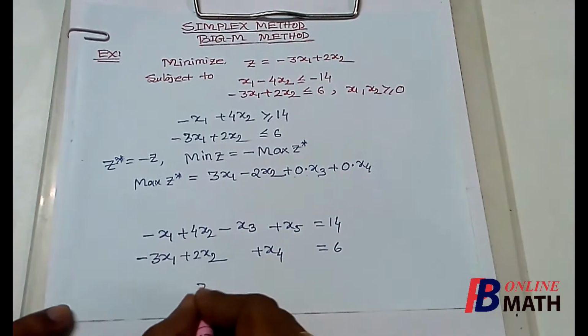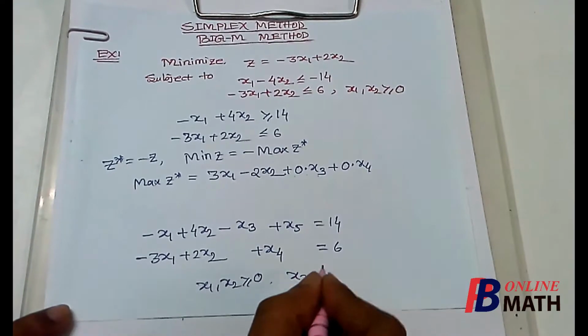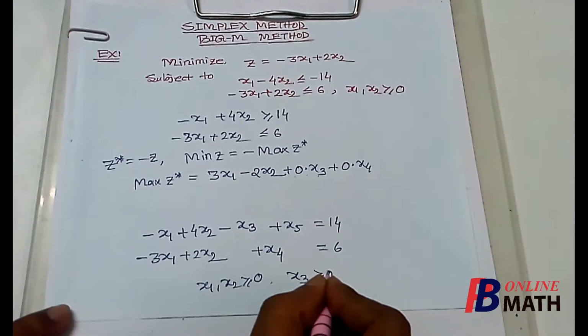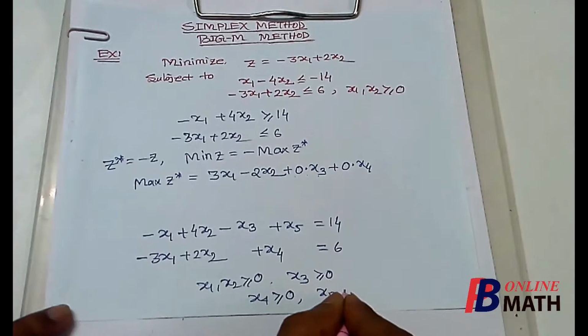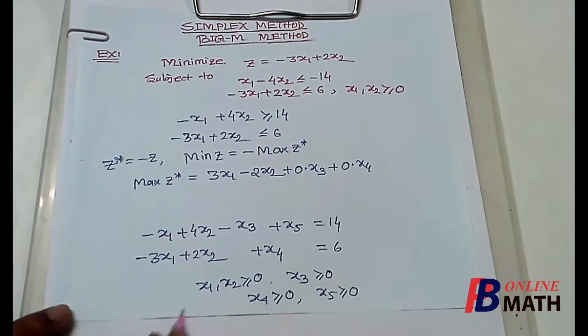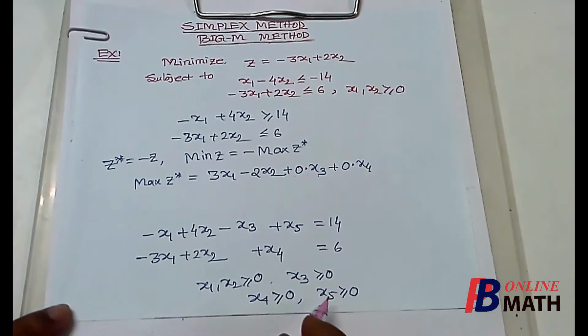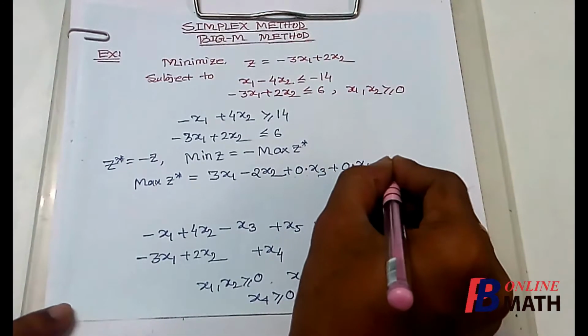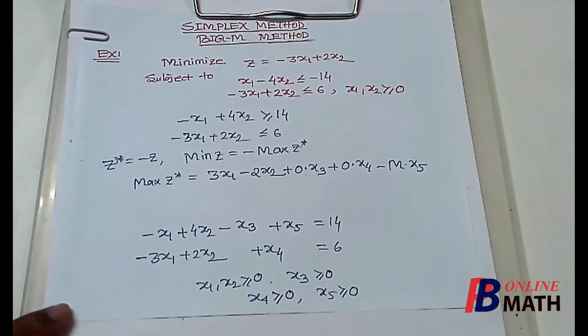Now x1, x2 are greater than or equal to 0. x3 is a surplus variable, it is also greater than or equal to 0. x4 is a slack variable, it is also greater than or equal to 0, and x5 is an artificial variable, it is also greater than or equal to 0. Since x5 is an artificial variable, by the BGAME method we introduce the cost value of x5 as minus capital M, where M is a very large positive quantity.